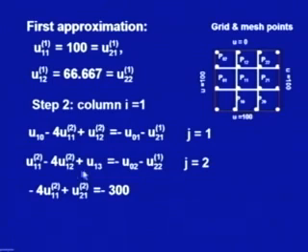Similarly, if I move here, u13 means we would be getting this point, this is 0, and then we do have our point here. u02 means this point is 100, and the initial approximation u221 is 66 point this one.